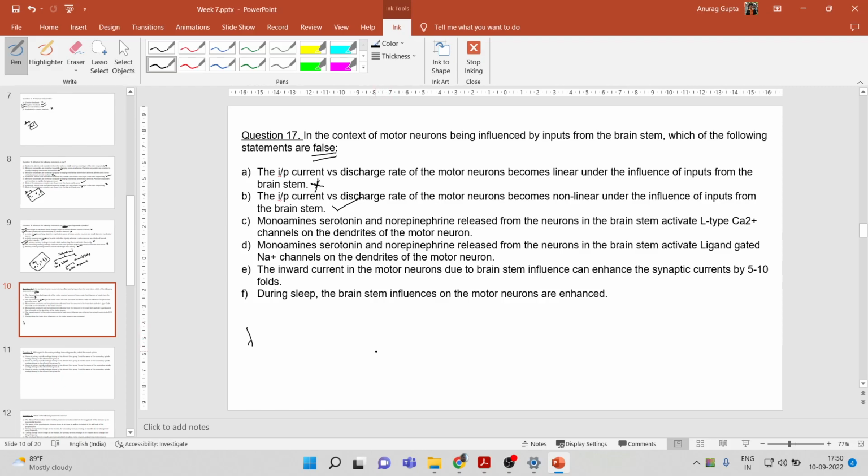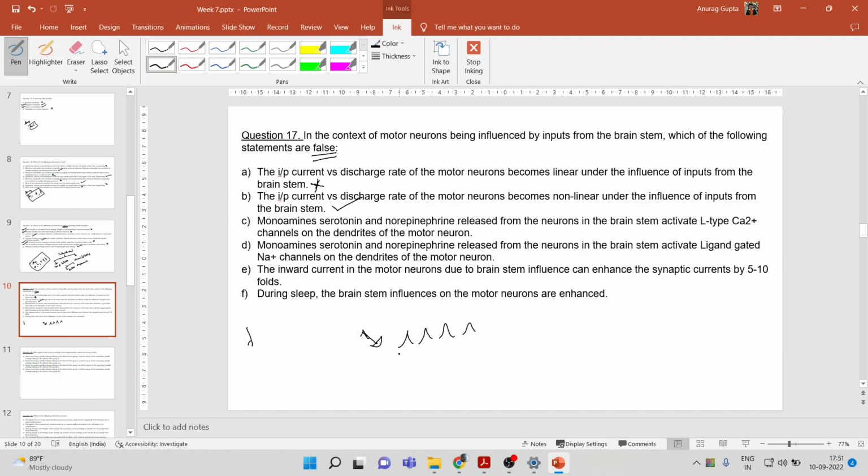So initially what happens is you have firing of these motor neurons, and so you have basically a current. Let's say there's an input current that goes into a motor neuron, and that causes a discharge rate, right?